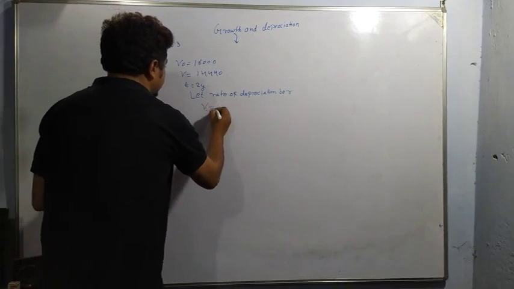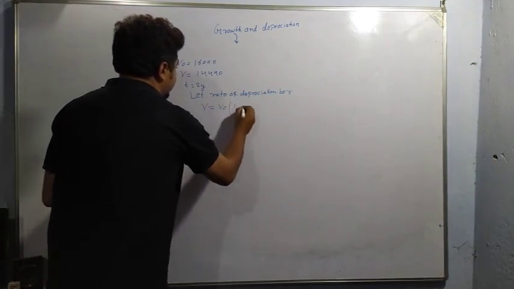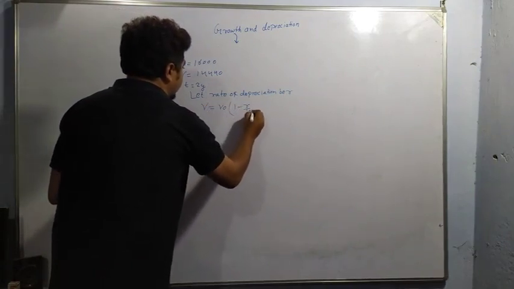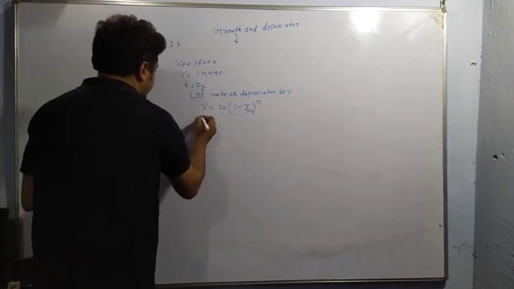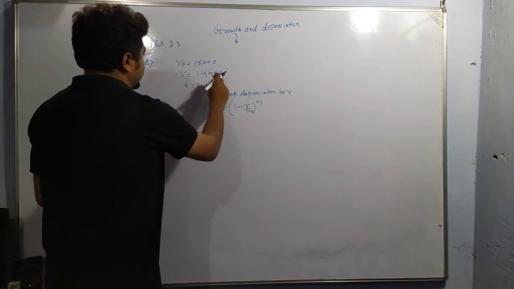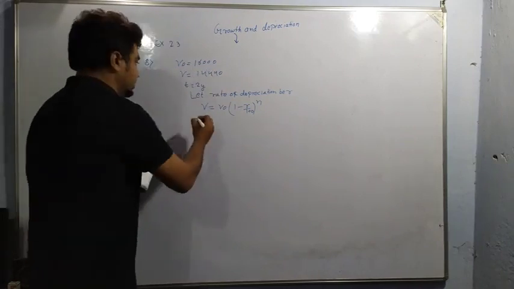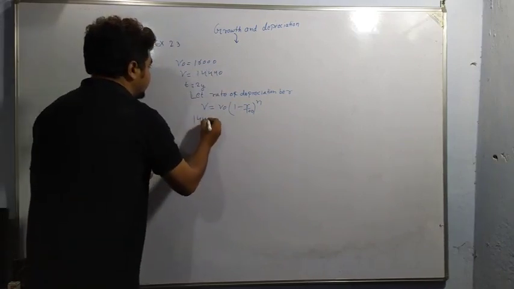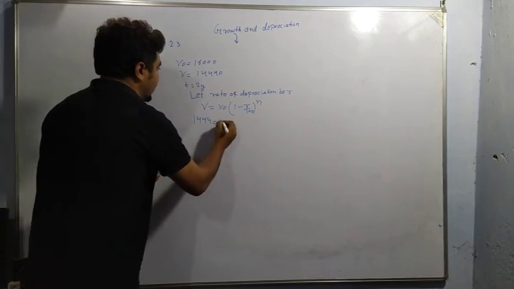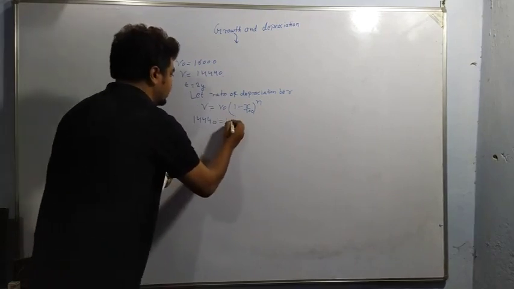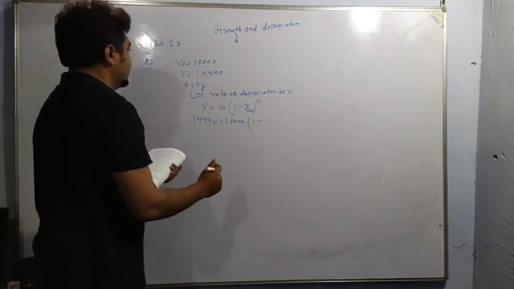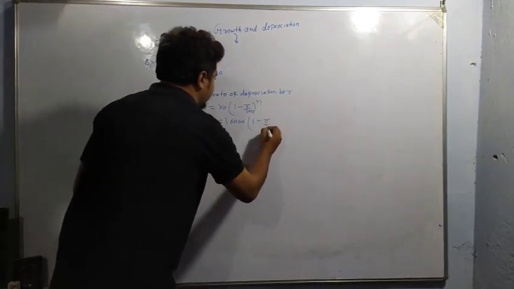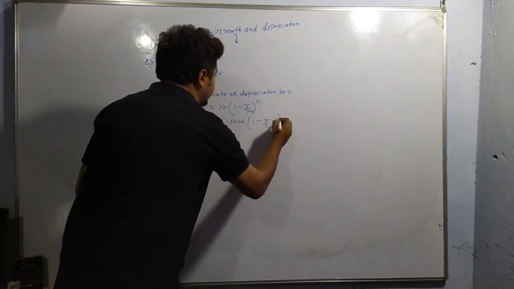V is equal to V naught into 1 minus R by 100 to the power N. So we know the value of V is 14,440. This is the depreciated price after 2 years, and this V naught is 16,000. 1 minus R, R we have to find, by 100, and N is given to us as 2.